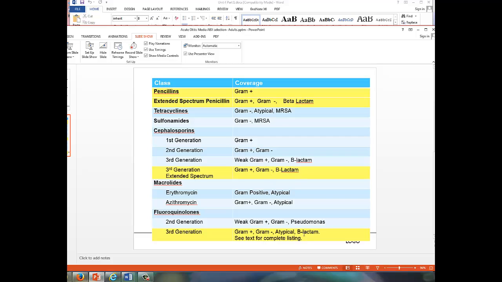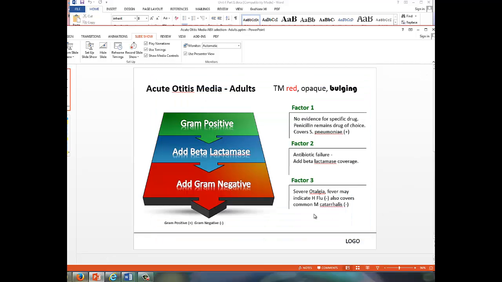So if you see the Augmentin here, gram-positive, there's your gram-negative, and there's your beta-lactam coverage. Okay, and so we know that the most common infectious agents in acute otitis media are the strep pneumo, the H flu, and the M catarrhalis. The strep pneumo is positive, and the H flu and the M catarrhalis are negative.